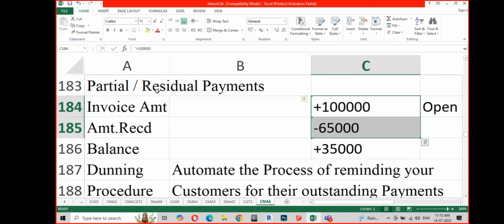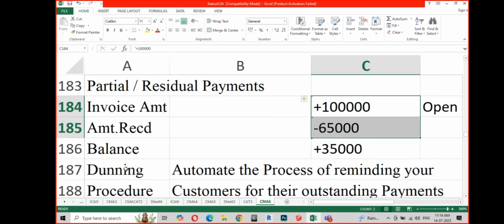Clear? So we spoke about balance confirmations. This also is very much available on the customer side. We saw the balance confirmations from the vendor side. The same concept is available even on the receivable side.